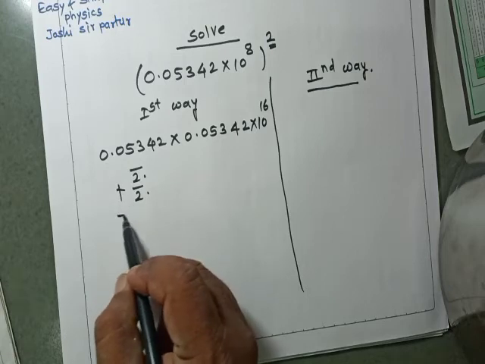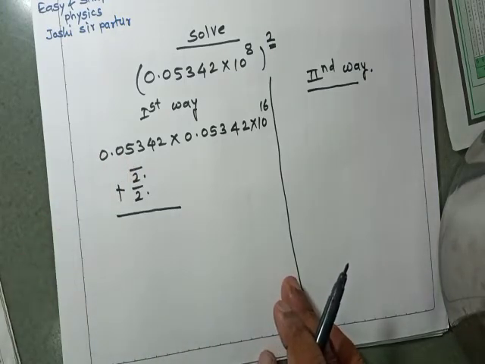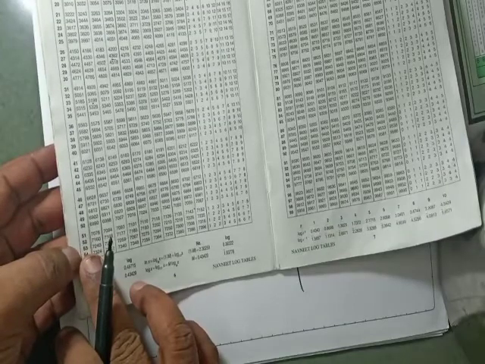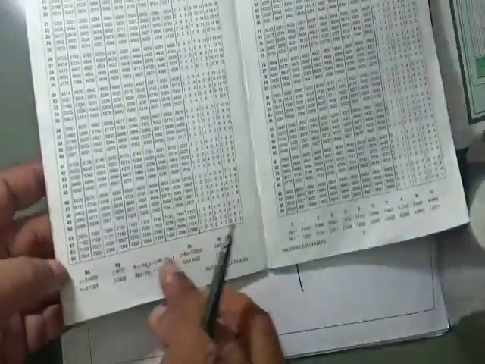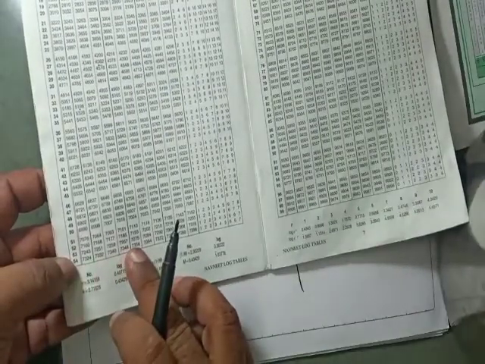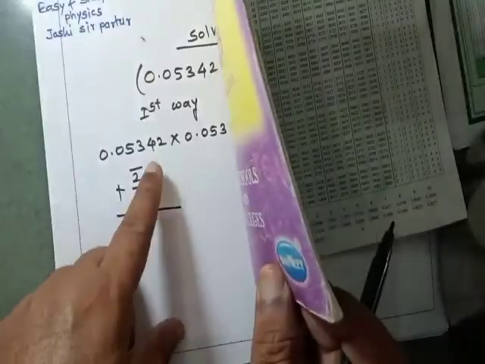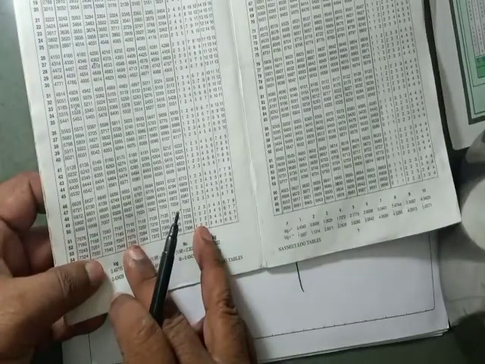and then addition. So first, logarithm for 53. In this vertical column we can see that 53 is there, and then 4, 2 is mean difference, means 53 in 4, that is 7275, and 2 is mean difference, 7275 and 2, that is 77.